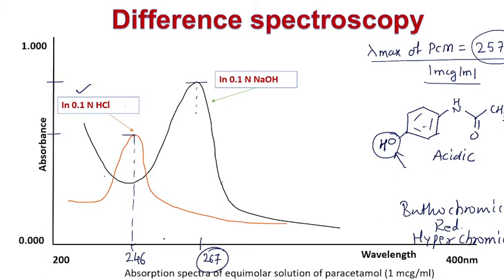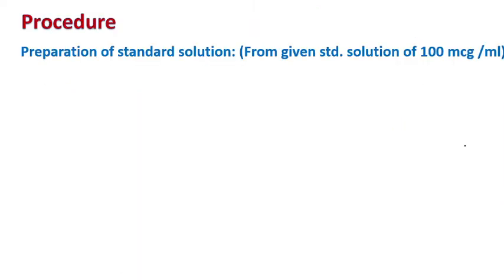Whereas in case of acidic pH, you can see the absorbance is not as high as what we see in alkaline pH or the normal pH, and even the lambda max has shifted towards a shorter wavelength, because an acidic drug will remain unionized in acidic pH. So that is all about this particular graph which we wanted to discuss here. Now we'll move ahead and see how we can perform this experiment.